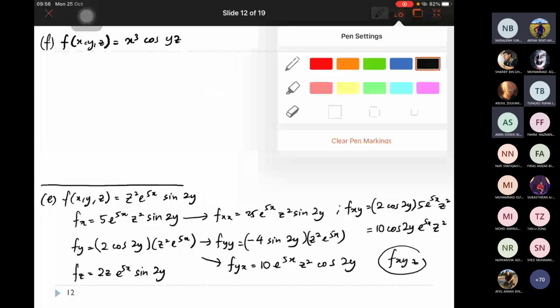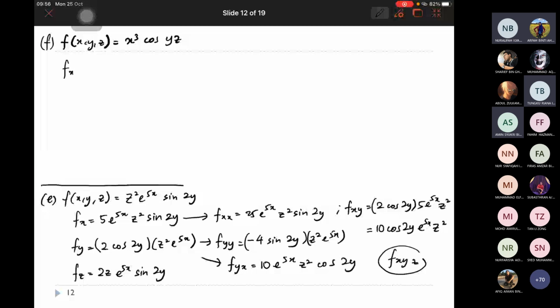So from this one sama juga. Bezakan terhadap x akan dapat 3x squared cos yz. Okay. Fy. Bezakan terhadap y. Akan dapat negatif x cube sin yz. X cube tu salin saja. Awak bezakan cos yz tu dapat negatif y sin yz.